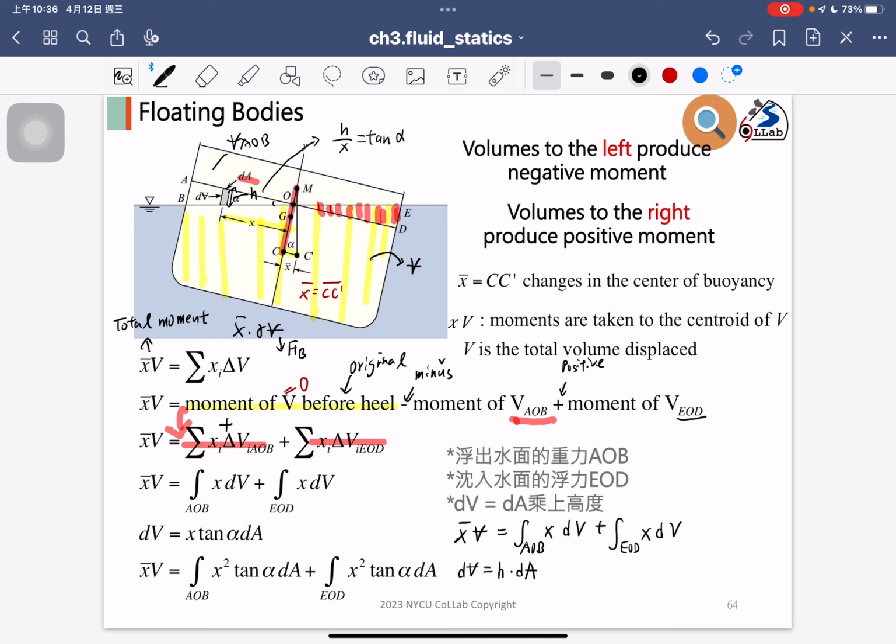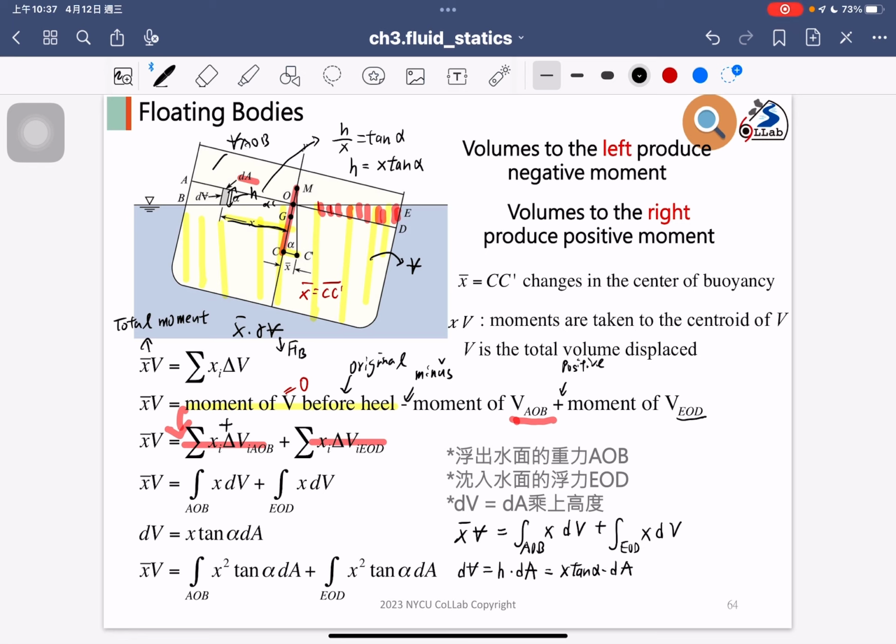This is the alpha angle here, and then we have the h and the x distance. So x over h is equal to the tangent alpha. So we actually know the height is equal to x tangent alpha. So we just put h equal to x tangent alpha in here and multiply by dA.